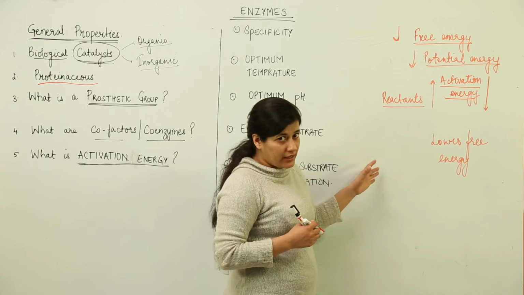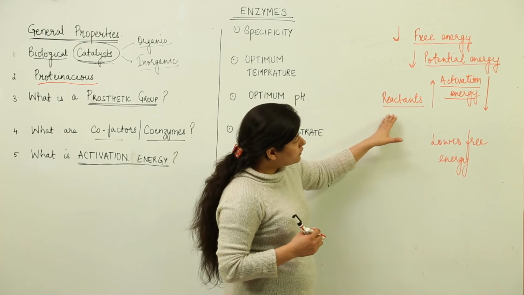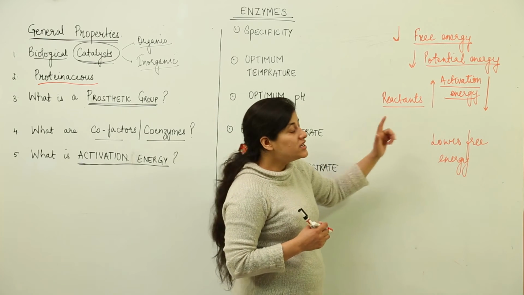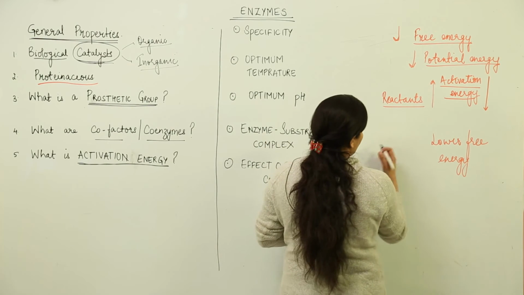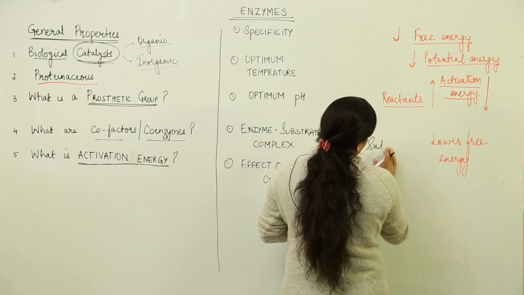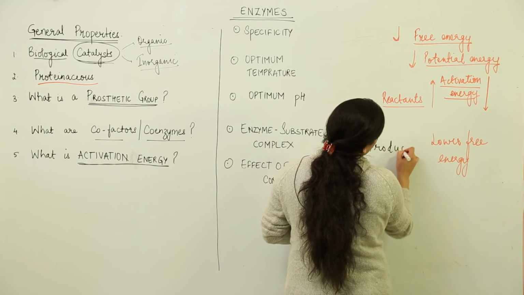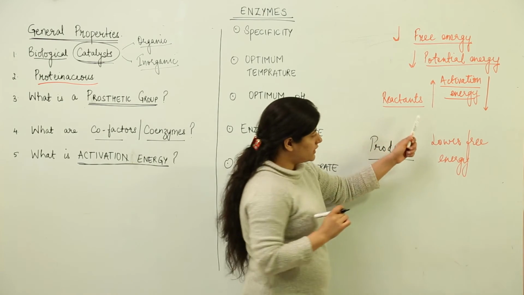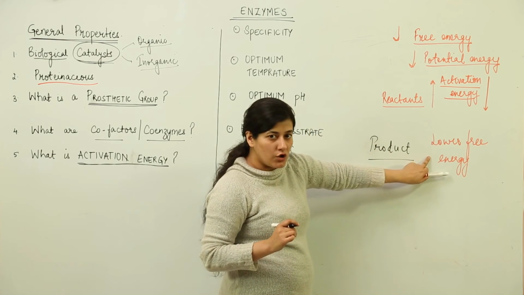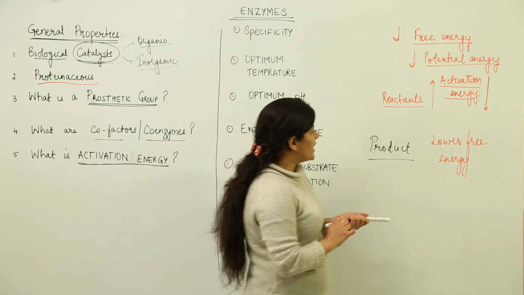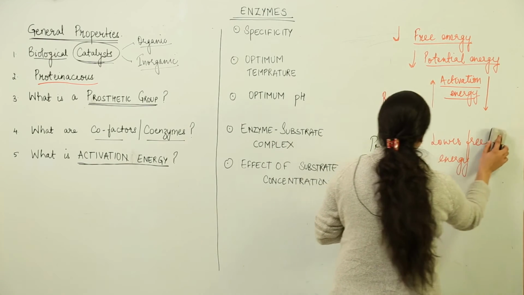That would involve the breaking and making of bonds, and that would lead to a condition where the product would be formed. It will have a lower free energy. Now in terms of enzyme, we use the term substrate.